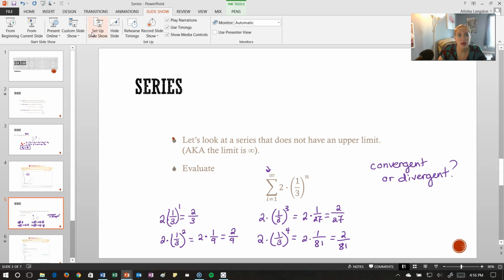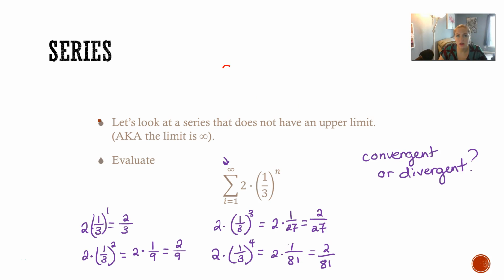So this would be S infinity, the sum to infinity. And we can just go ahead and start adding these numbers together. 2/9 plus 2 over 27 plus 2 over 81. Let's go ahead and throw in another one real quick. 2 over 3 to the 5th, 243.